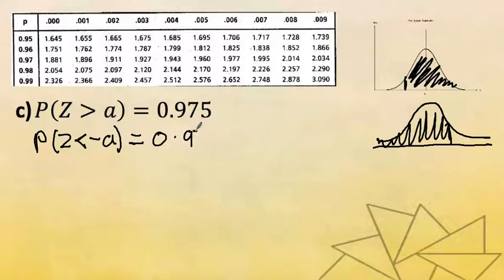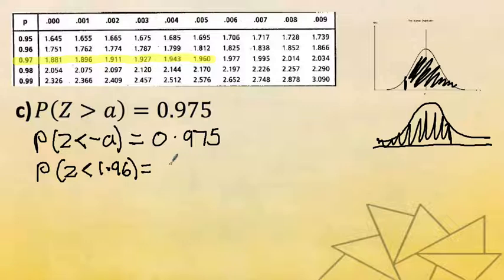Now what you'll notice for the percentage points tables is you can find all the percentages from 50% up to 95% in one table, and then from 95% to 100% in a separate special table. So here I'm looking for 0.97. I'm going to read across from 0.97 until I get to 0.975. There's 0.975, and so I get the fact that we have probability Z less than 1.96 is equal to 0.975.